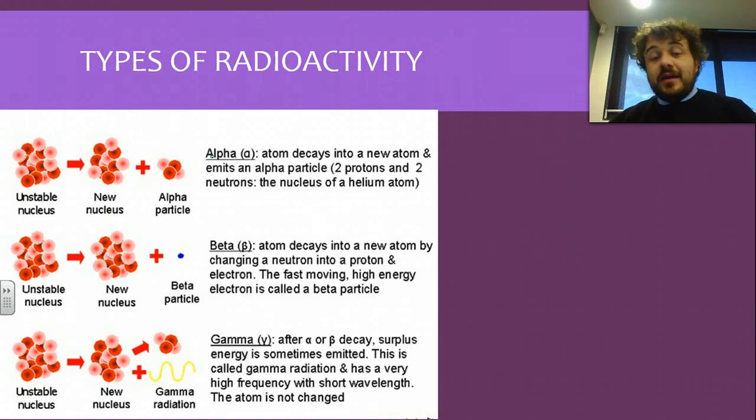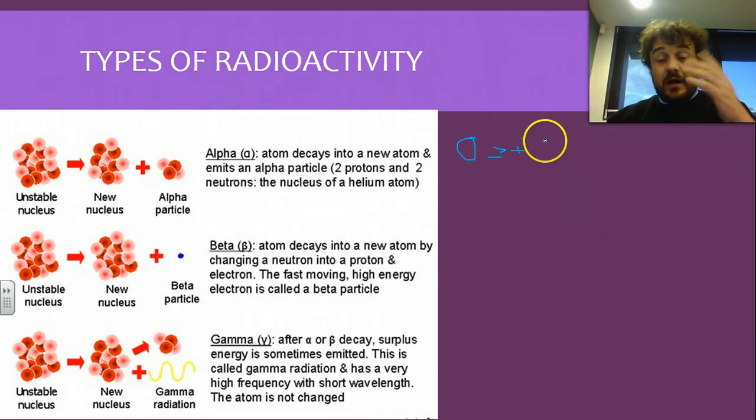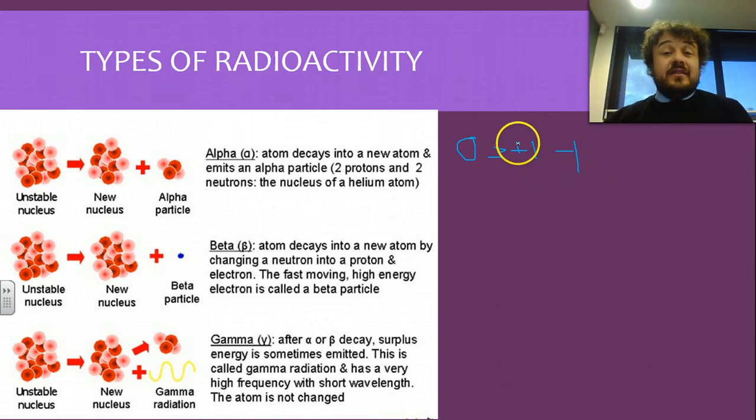We have the beta particle. What a beta particle does is a neutron changes into a proton. A neutron, which has a net charge of 0, changes into something that has a charge of +1 and -1. So if we add those together, we still get 0. Charge is still conserved.